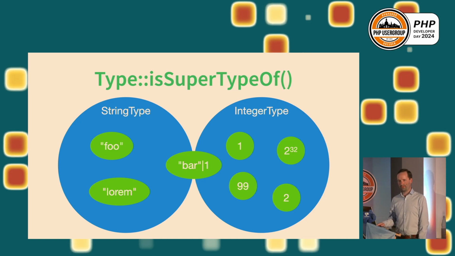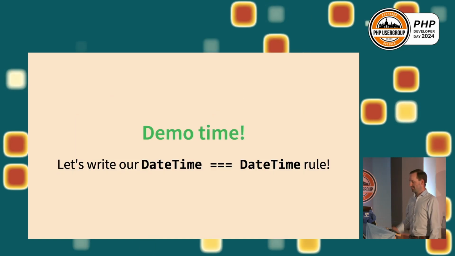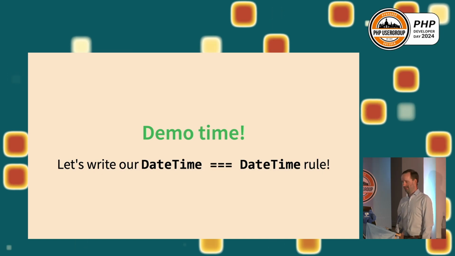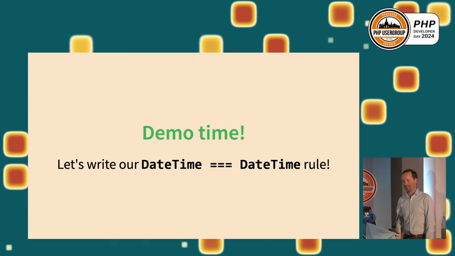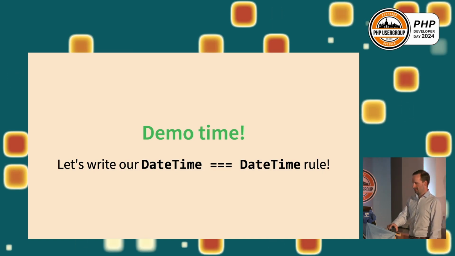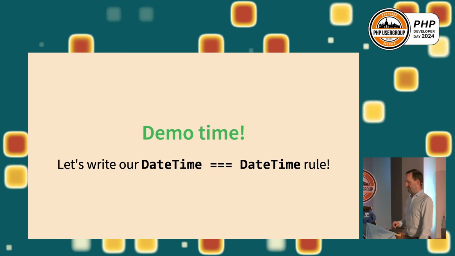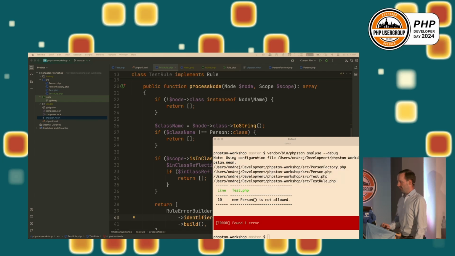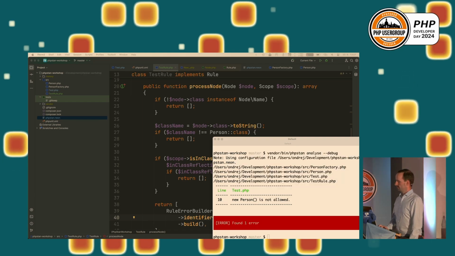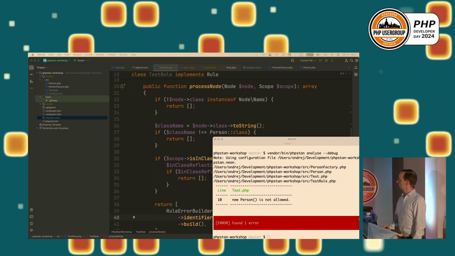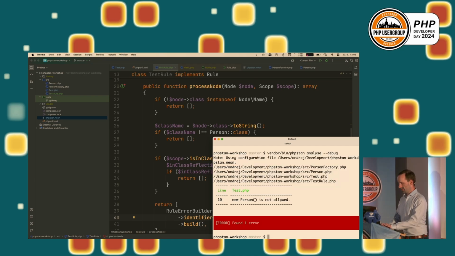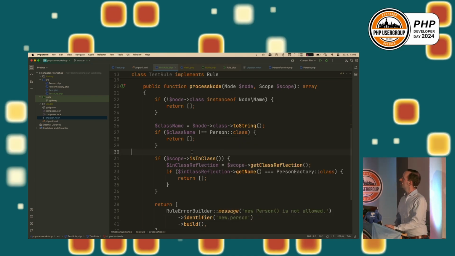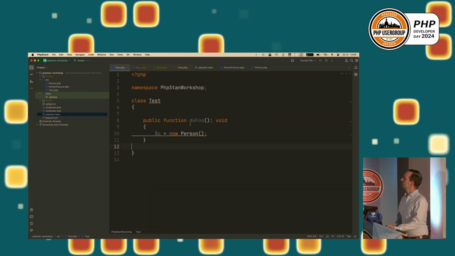All right, so now we are going to use this method in our custom rule. So let's write a rule that will report that a datetime is identical to a different datetime, and that it should be reported as something that we don't want to have in our code. Okay, I'm going to reset this, and we are going to write a new rule.